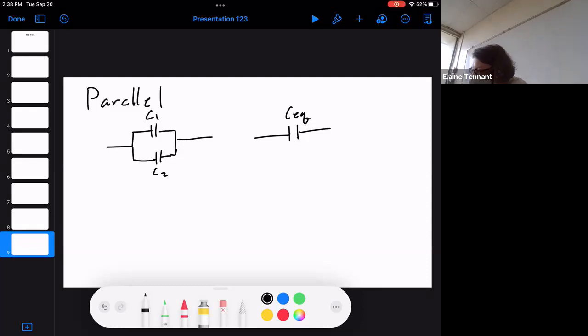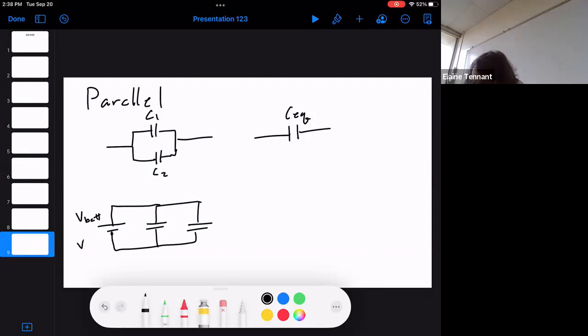So let us draw a circuit. I have a battery over here where I have some battery voltage right there. Generally, we say the negative side of the battery is just 0 voltage.